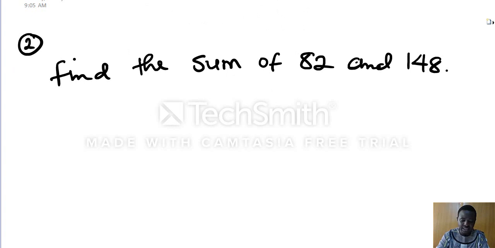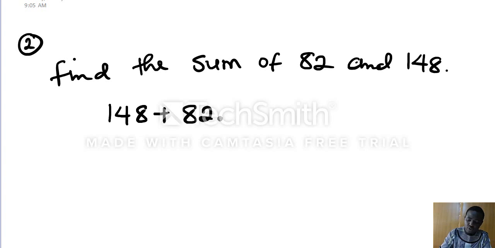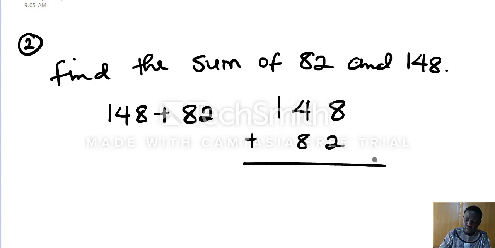Let's take the next example, which says find the sum of 82 and 148. That is 148 plus 82. You can put it in hundreds, tens and units, which is 148 plus 82. 8 plus 2 is 10.